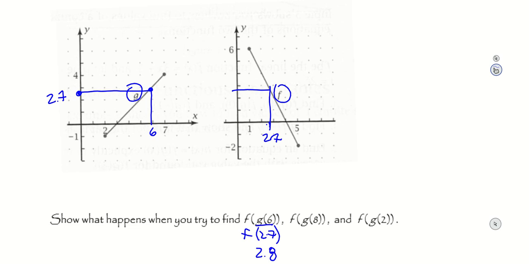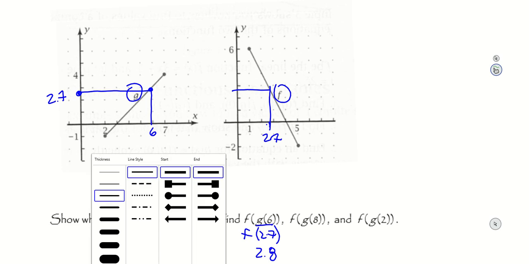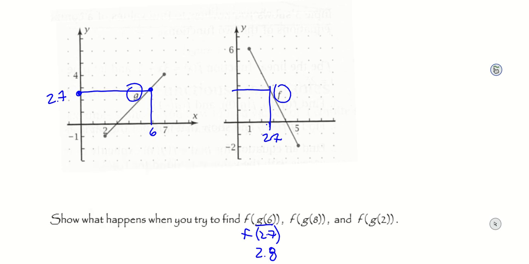Now let's look at finding F of G of 8. So to find F of G of 8, we're going to start with G of 8. So I'm going to go to 8 on the G graph, and I'm going to follow that line up until I intersect my graph, but I don't.